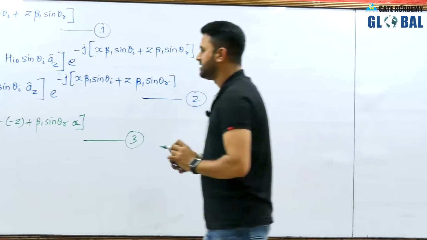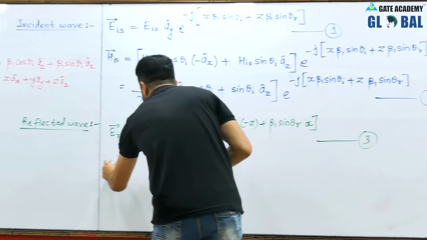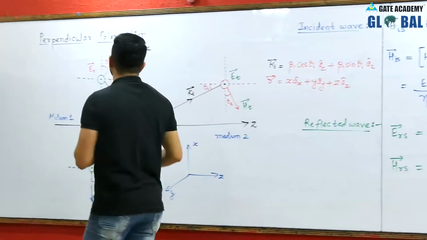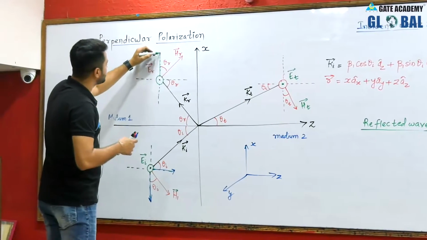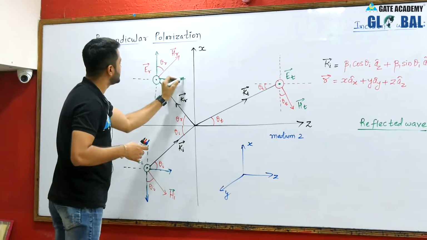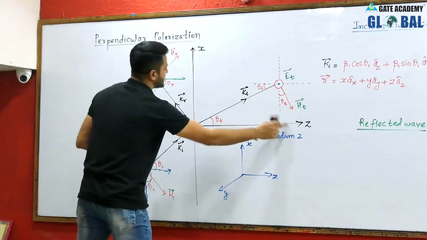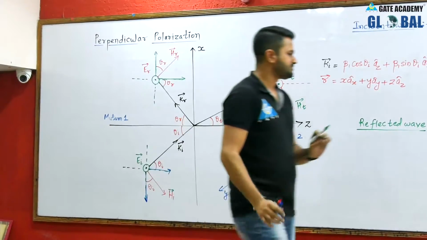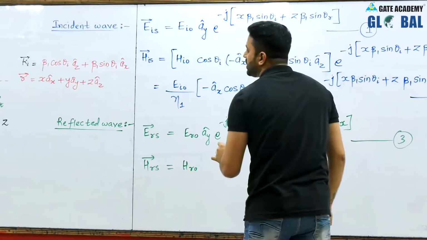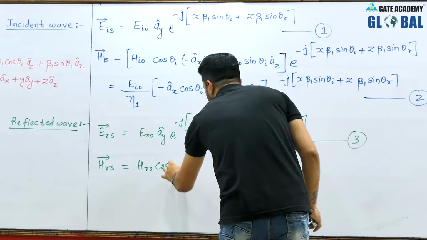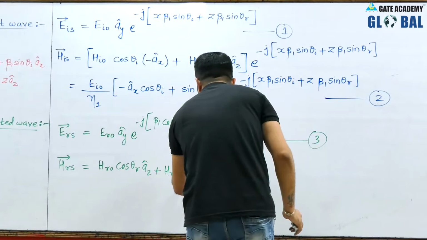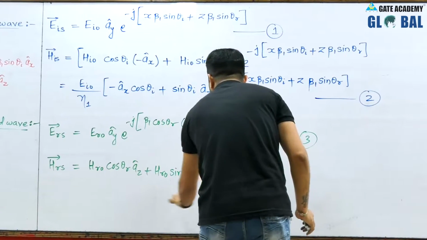Now we have to write the magnetic field. So the magnetic field is HRS equal to. Now we have to resolve the magnetic field. The cos component here is in the plus x direction, and the sine component here is also in the plus z direction. So this is the plus z direction, this is the plus x direction. So we have HR0 cos component in the plus z direction, so cos theta r az cap, and HR0 sine component in the plus x direction, ax cap.